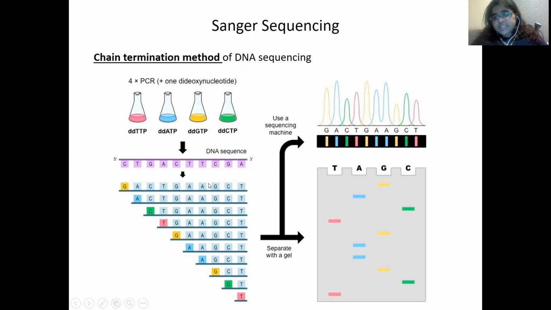So our sequence is going from 5' to 3', and these different colors represent the different dideoxynucleotides, the ddNTPs. Whenever they are incorporated, they end up getting stopped, because they cannot synthesize any further.